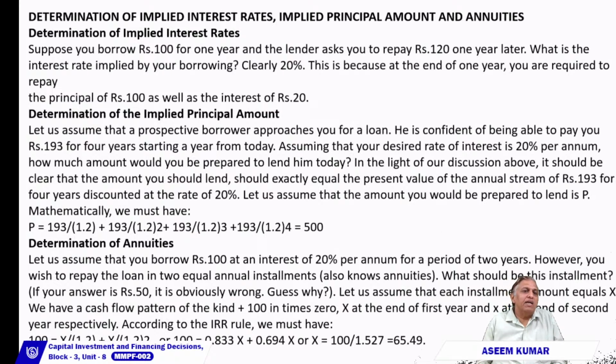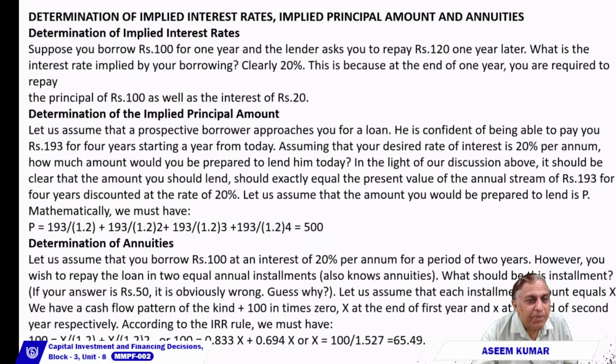What is the interest rate implied by your borrowing? Clearly 20%, because you have to pay 20 rupees extra after 1 year. This is because at the end of 1 year you are required to repay the principal of rupees 100 as well as the interest of rupees 20.